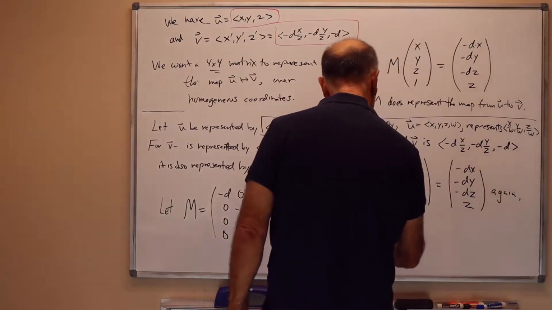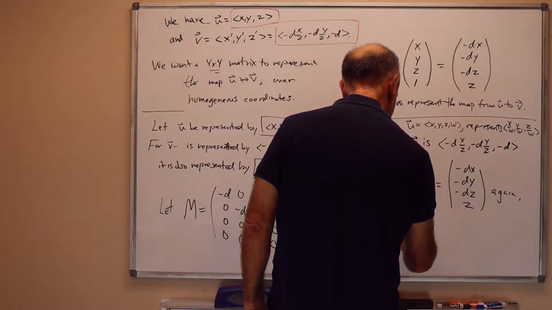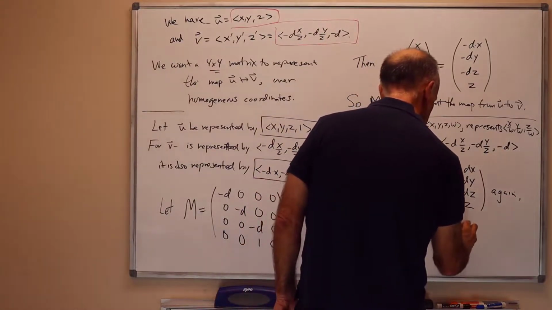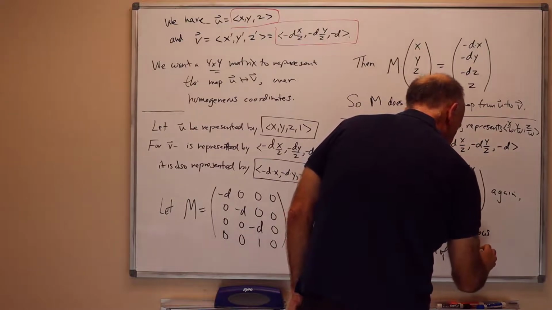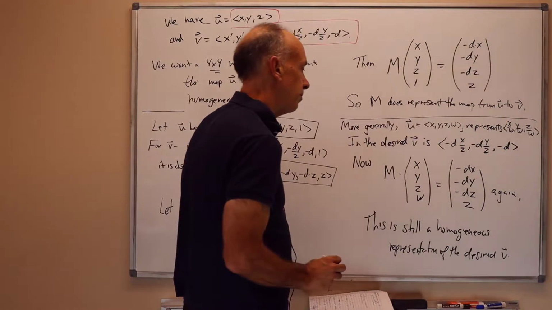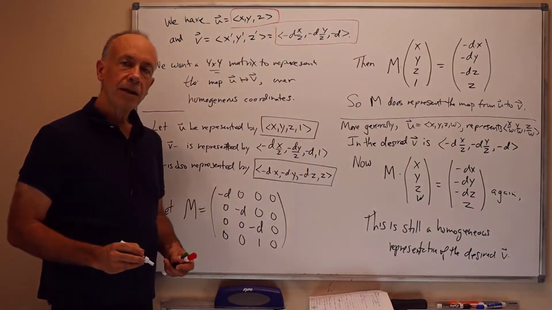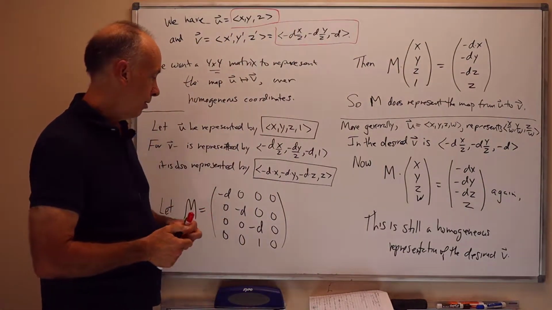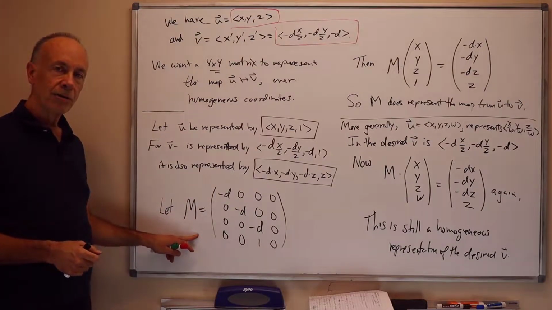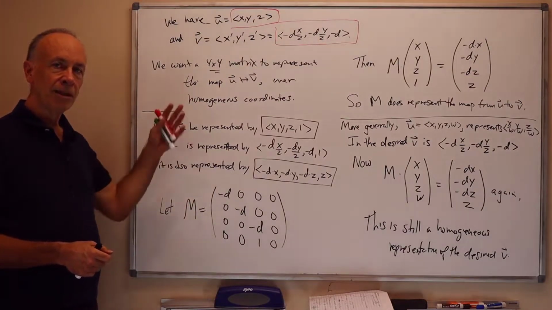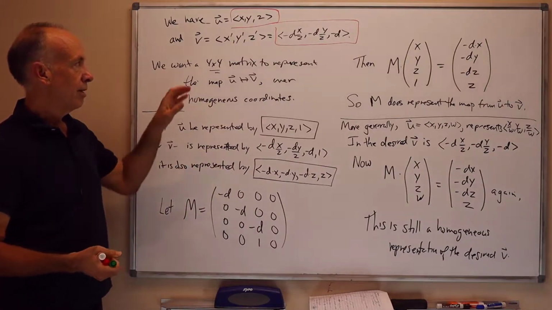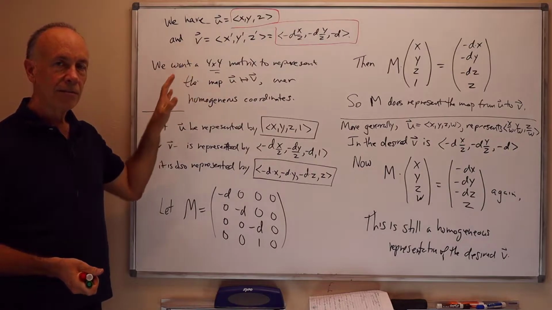And this is still a homogeneous representation of the desired point V. So in this way, the matrix acting on homogeneous coordinates will work for any homogeneous representation of a point U to give the homogeneous coordinates of the desired point V.